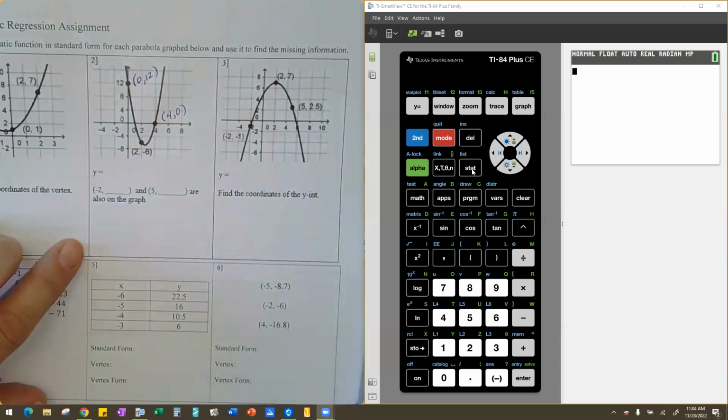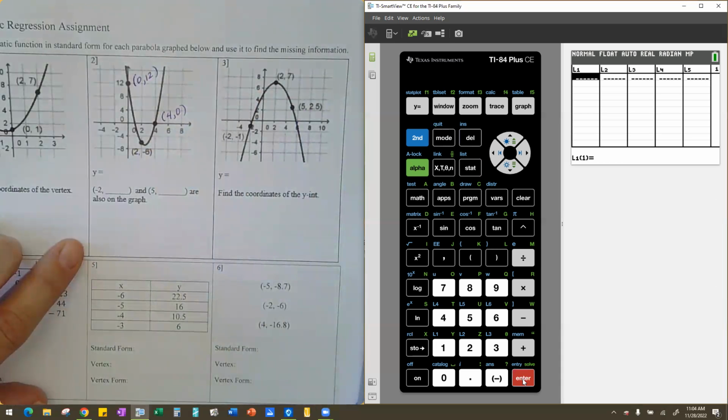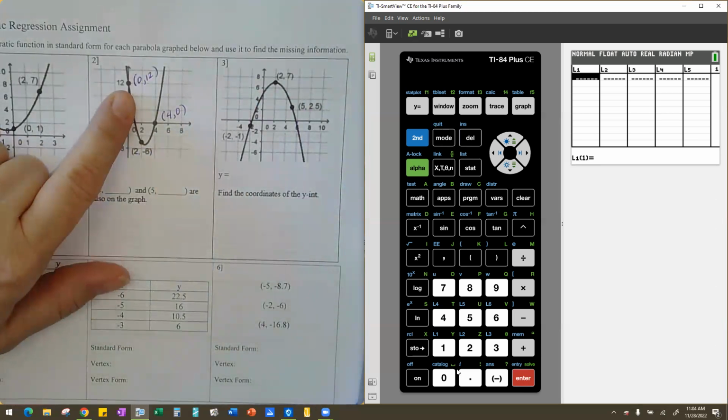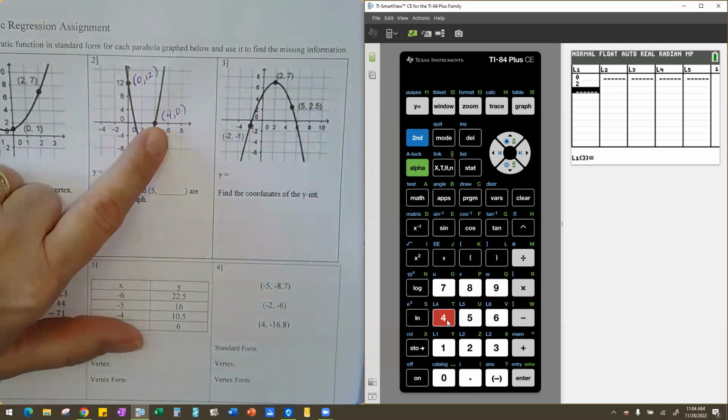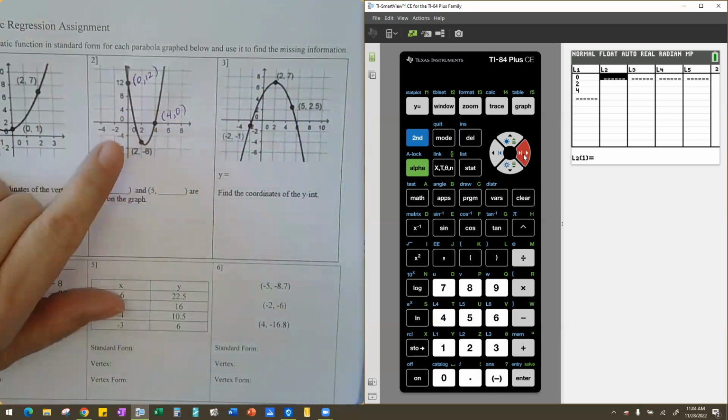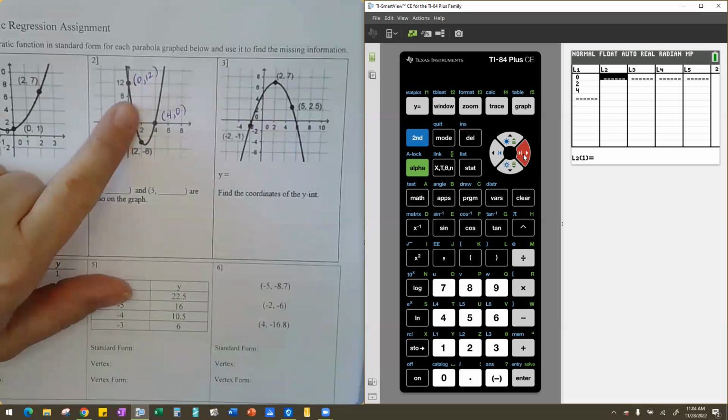To do regression, you go to Stat, Edit, which is highlighted already, and you type the X's in for list 1, that's L1. And then you arrow over, and list 2 will be the Y's that go with these.